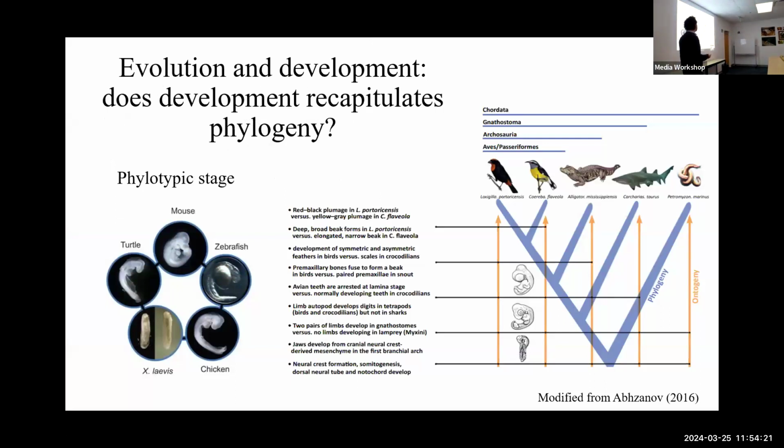And the general reason for that is because we can actually track morphological change through development, starting from the phylotypic stage, which is this moment in organogenesis where morphology is extremely conserved, and only later on in development, the clade and taxon-specific traits that characterize modern diversity actually arise. So this means that if we put together an evolutionary framework that includes the early moments of development, we can actually bridge evolutionary biology with developmental biology.